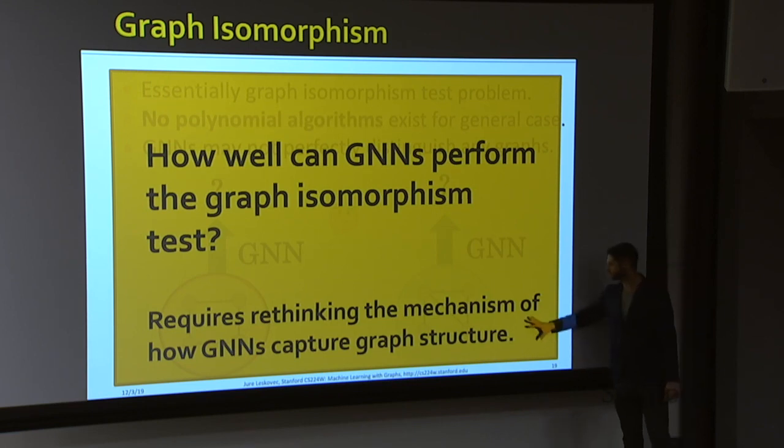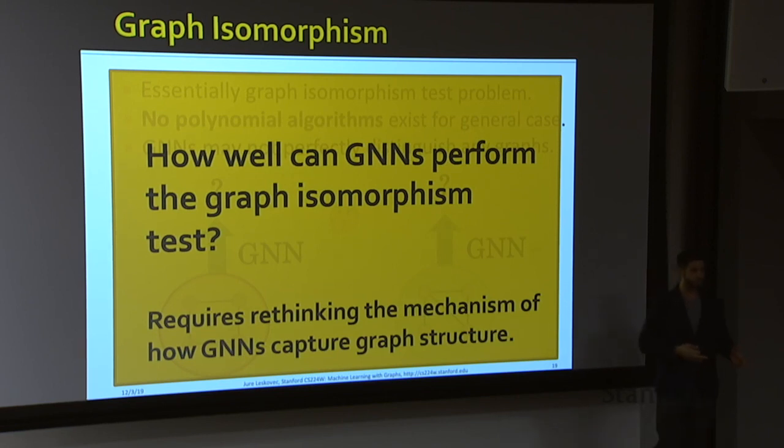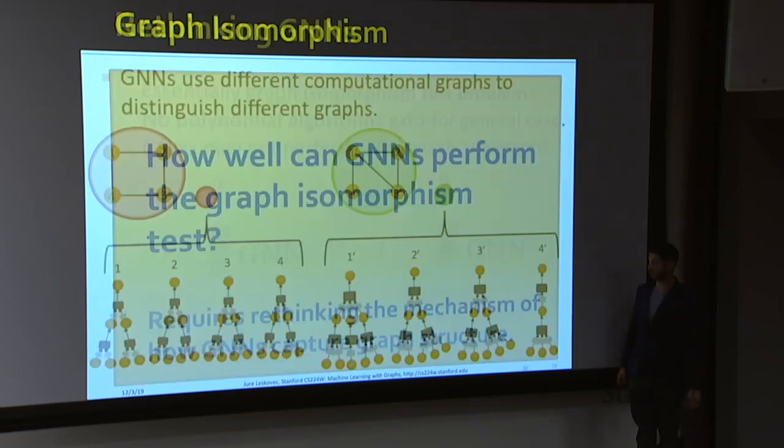As I said, this will require rethinking a bit the mechanism in which the GNN captures the graph structure. So contrary to what we've seen in GCNs or GraphSAGE, we're going to change some strategies in the aggregation to make sure that we can also capture the difference in the topology of a graph.